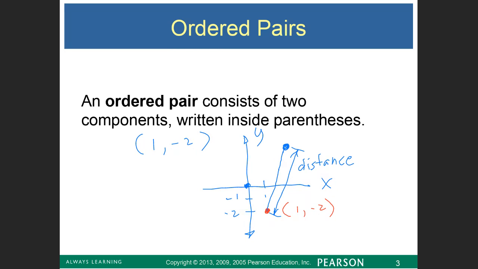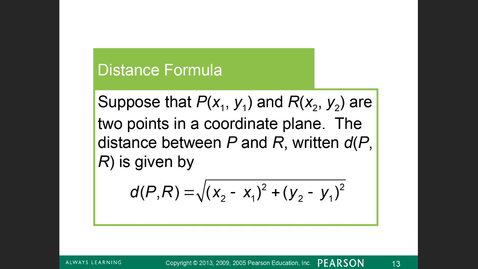Okay, so here's the distance formula that we have to memorize. Now take note that the subscript 2 is just a label, and so is subscript 1. It means that's point 1 and point 2.